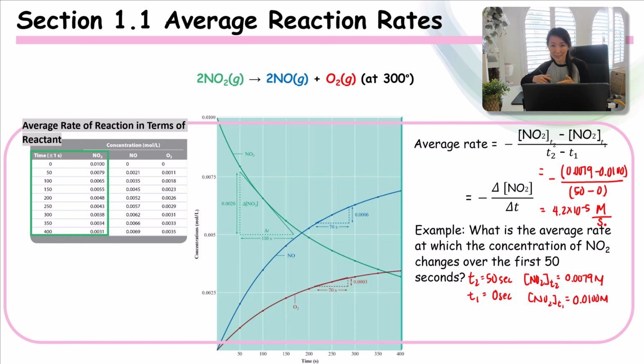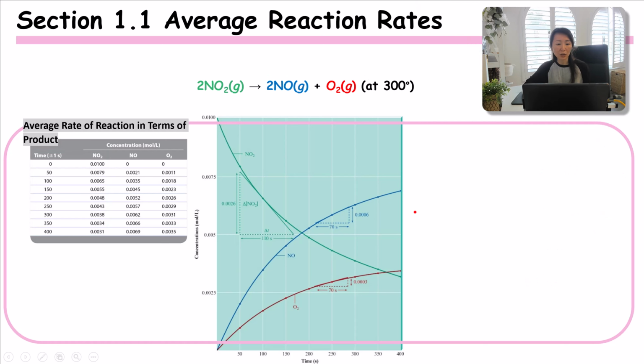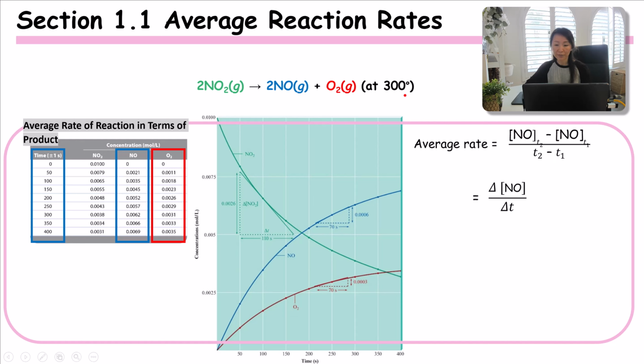Now let's look at it in terms of the product. If I were to look at it in terms of the product, I'm looking at either the nitrogen monoxide or the oxygen gas. I'm going to go ahead and target nitrogen monoxide. So the average rate for the product looks very similar to the average reaction rate of the reactant, except that it doesn't have a negative value in the front.